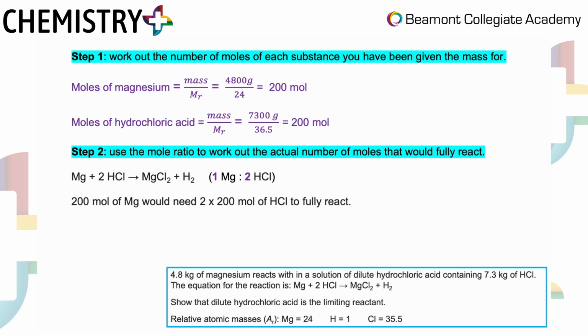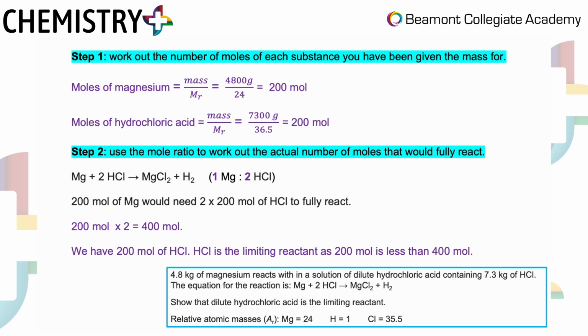So 200 mole of magnesium would need 2 times 200 mole of hydrochloric acid to fully react. 200 mole times 2 equals 400 mole. This is in excess. We only have 200 mole of HCl. HCl is the limiting reactant, as 200 mole is less than 400 mole.